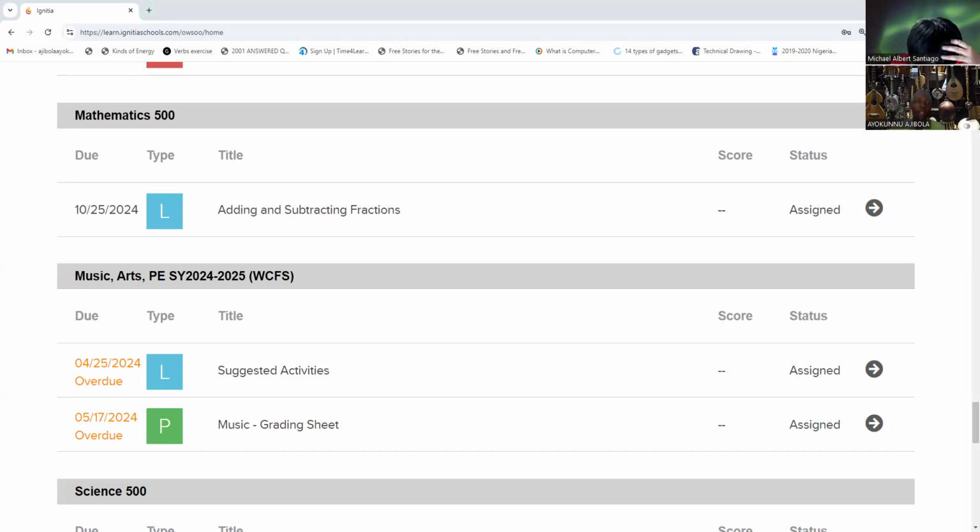Now, if you want to know if a number is divisible by 3, add all the digits of the number together. If the sum of those digits is divisible by 3, then the number is divisible by 3. For example, 48. If you add 4 and 8, that is 12. 12 is divisible by 3, so 48 is divisible by 3.